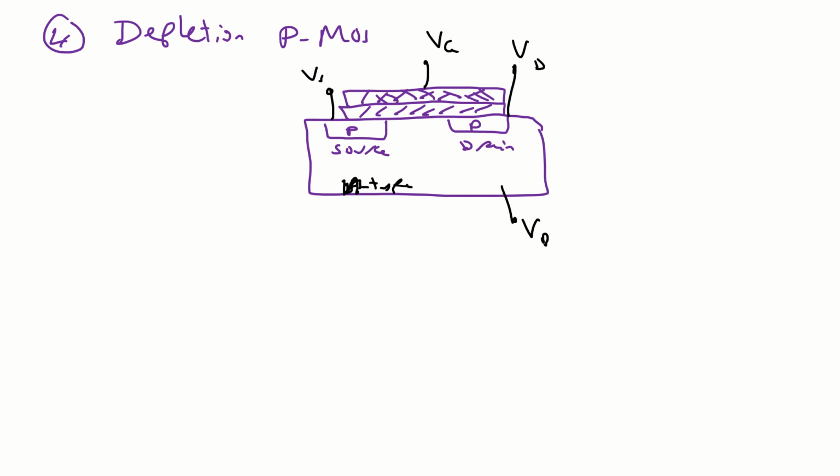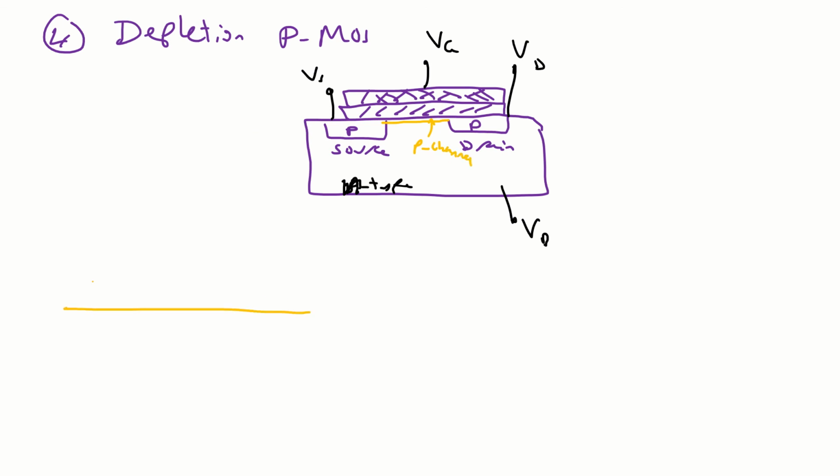Good. Now in the fabrication itself, we have already a very thin layer, where this thin layer is P-type also. So this is the P channel, and this is in the fabrication.